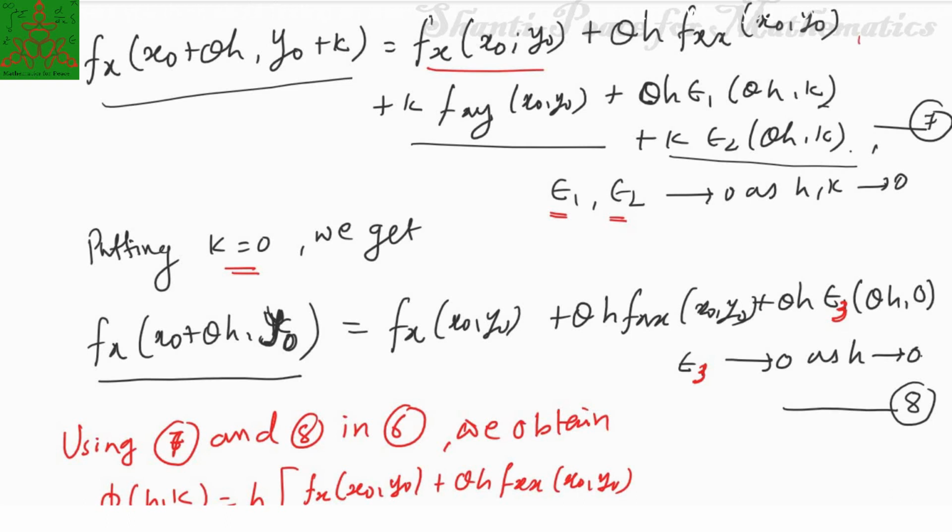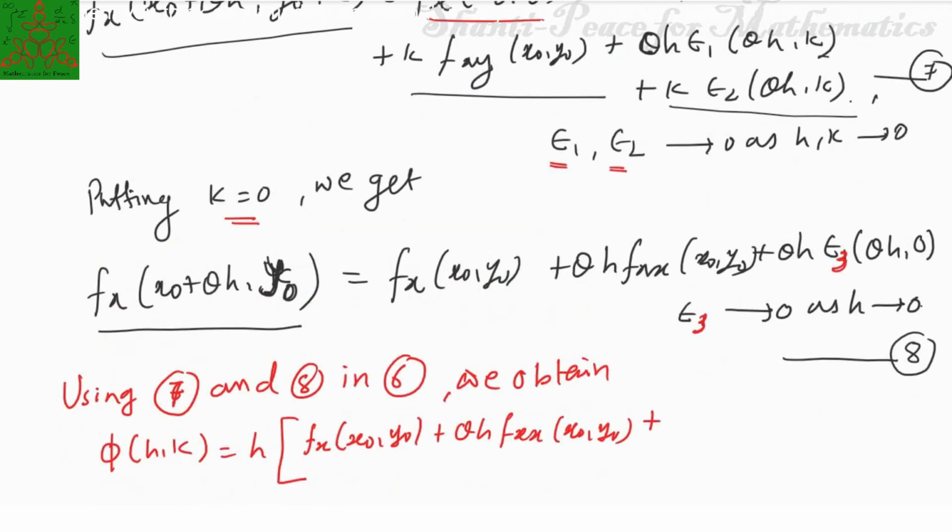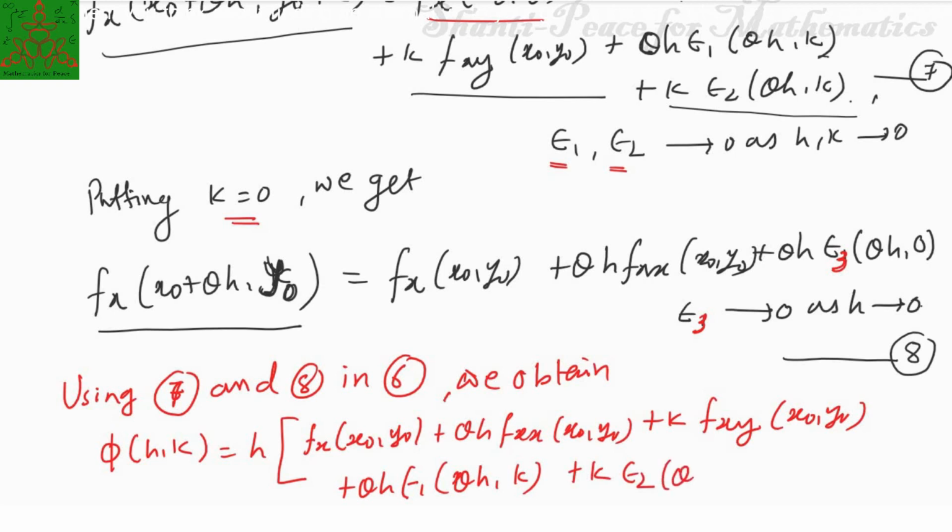These are the values we are writing, and then plus k into fxy at x0 y0 plus theta h into epsilon 1 theta h into k plus k into epsilon 2 theta h into k.